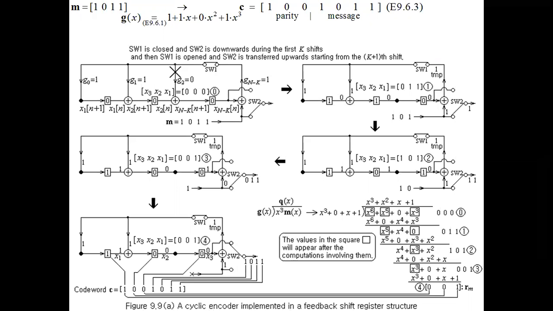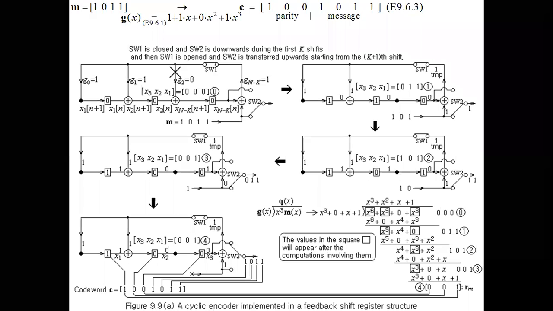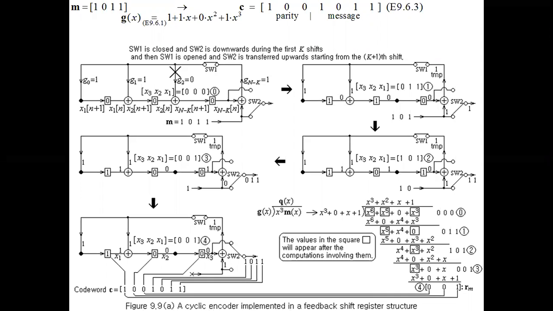The third step is to operate two switches. SW1 is the upper switch. SW2 is the lower switch.